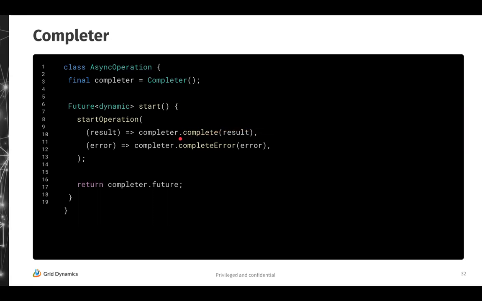For this purpose, you can use the methods called complete to indicate future resolution, and completeError to indicate future error. And you have to explicitly return the future from your method. This is how it's going to work. We won't use this API today, but I just want to let you know in order not to be confused when you try to solve a similar problem in your application.